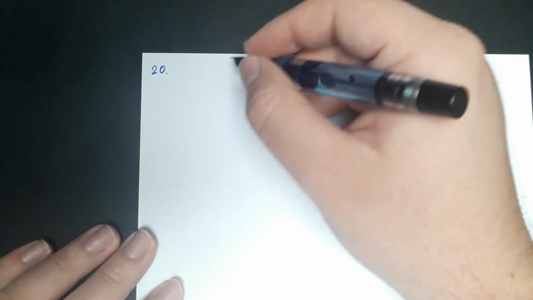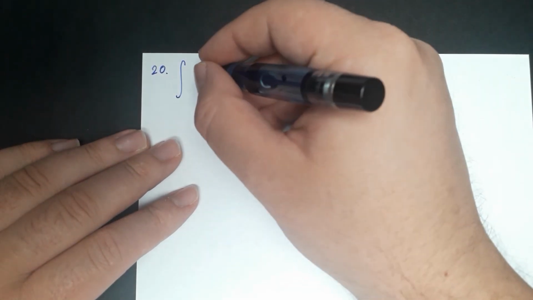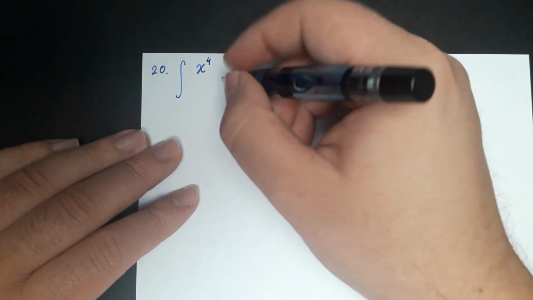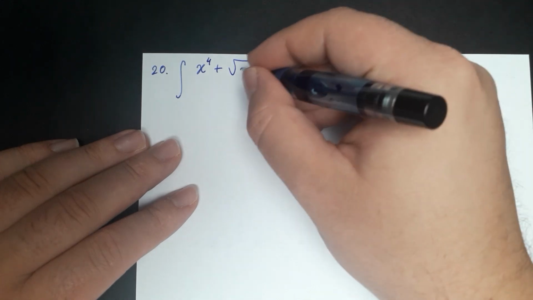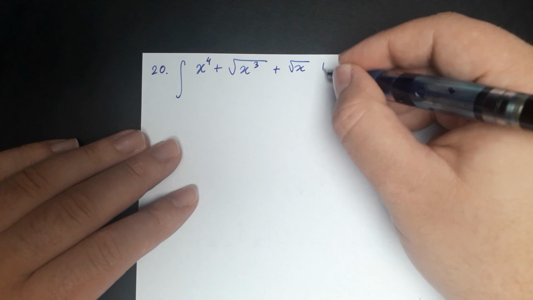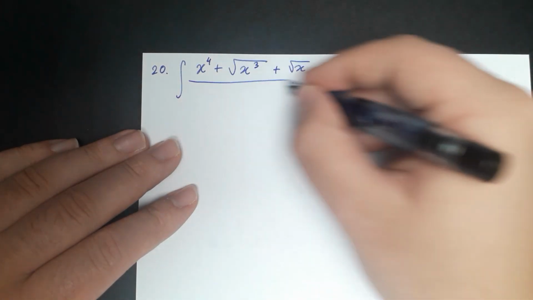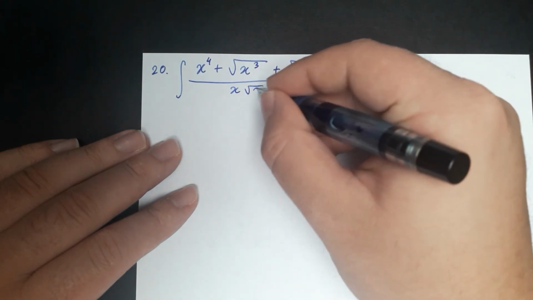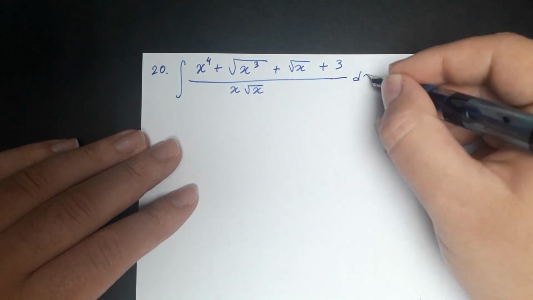Integral number 20 on our list is an integral of x to the power 4 plus square root of x cubed plus square root of x plus 3, divided by x times square root of x, dx.